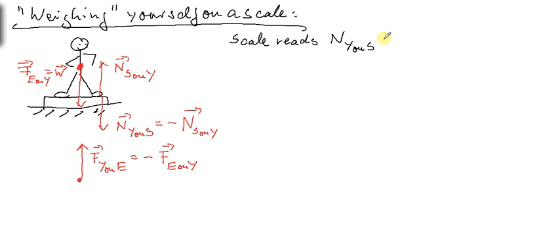We know in magnitude, note that I leave the arrows off, so I'm talking about the magnitudes, this is the same as the normal force that the scale exerts on you. The directions are opposite. Let's just call this n.